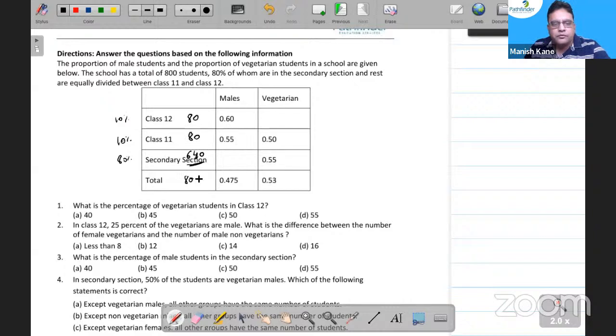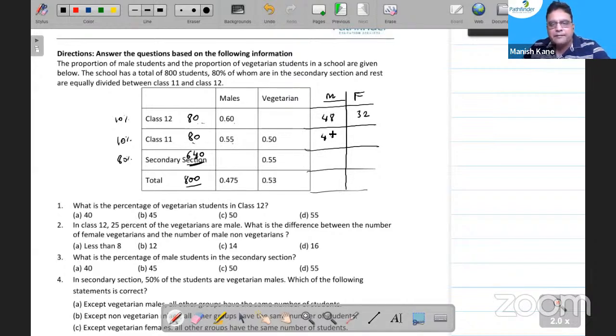The total number of students is 800. So now, how many males and how many females? We can easily see that. So 60% of 80, 48 males. So 80 minus 48, 32 females.